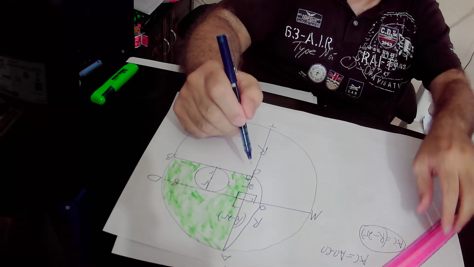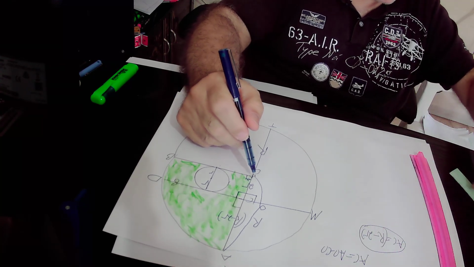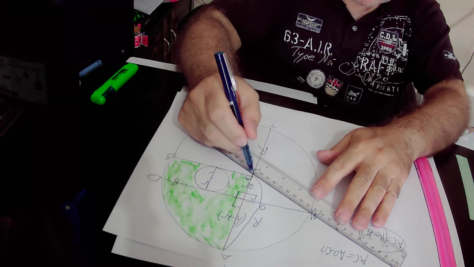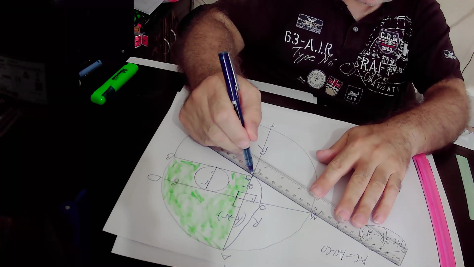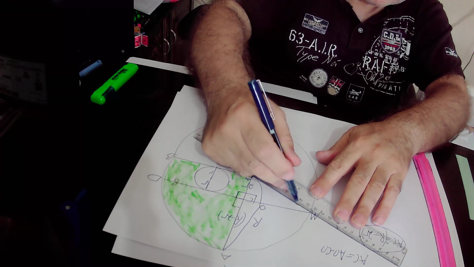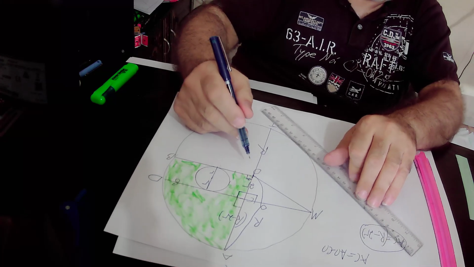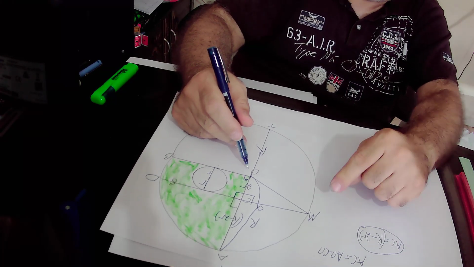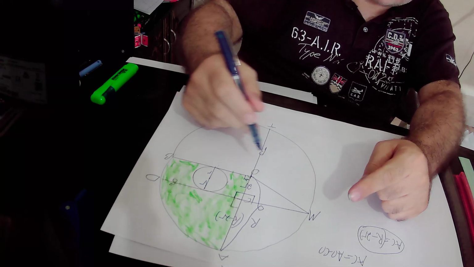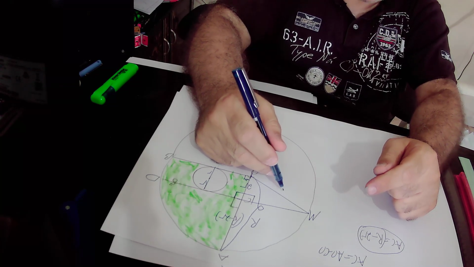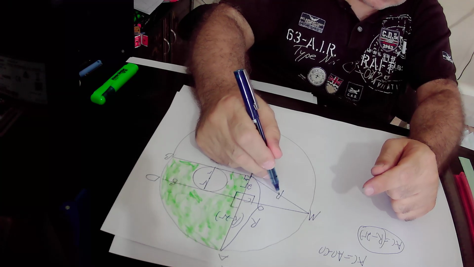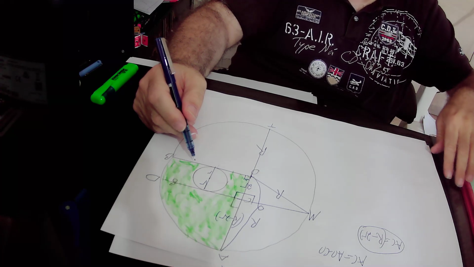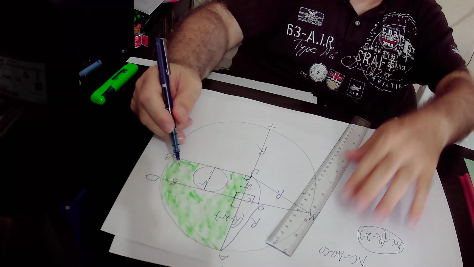In the next step, we join points M and O together by a straight line. Point O is the center of the big circle, point M is a point on the big circle itself, therefore OM is the radius of the big circle that is equal to capital R. Likewise, we join points O and D together by a straight line.